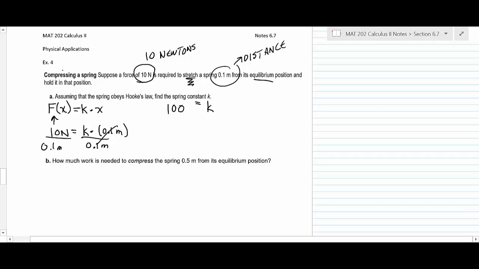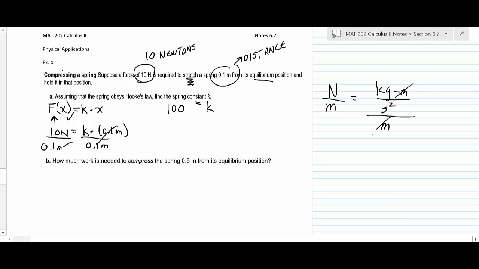And k is a constant. It doesn't have any type of term in it. But if you had a newton over a meter, which is what you have, a newton is really a kilogram meter per second squared, and then those meters are going to cross out.